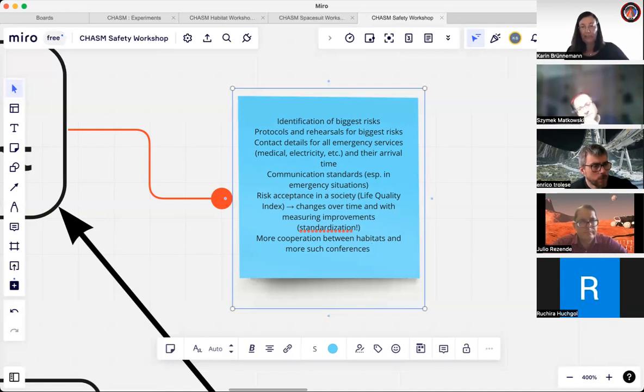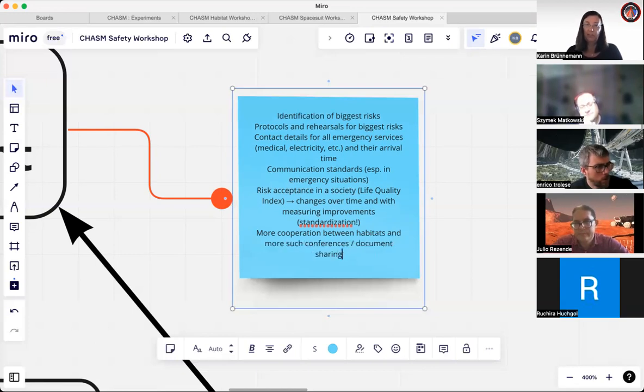I would expect that to be one of the outcomes of the standardization initiative, but like document sharing and standardization. Yeah, that's a work in progress.